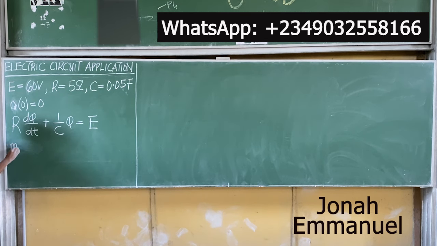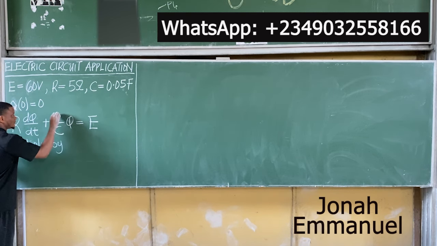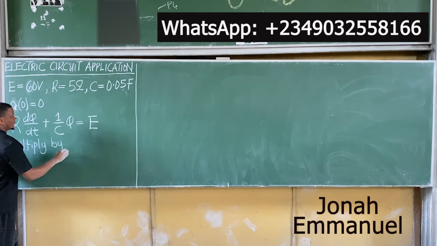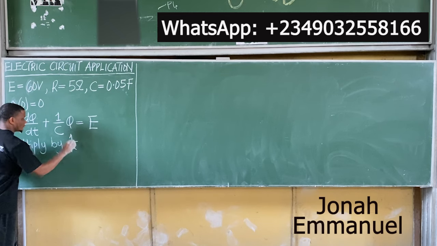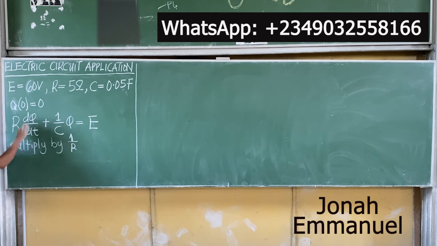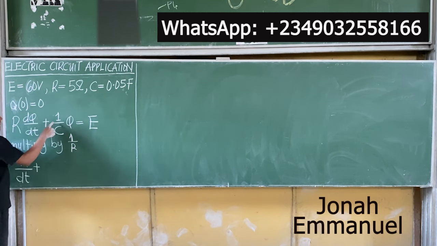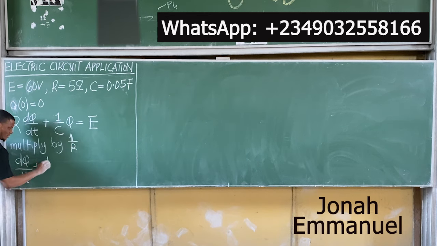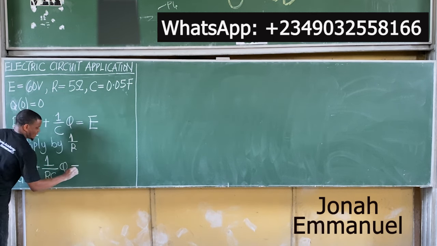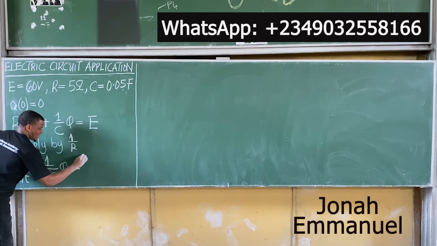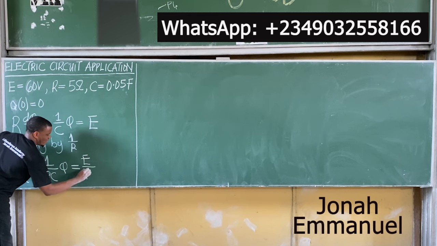So I'll multiply by 1 over R. The 1 over R times R cancels out. We have dq/dt plus, 1 over R times 1 over C, which is 1 over RC, times Q. It's equal to 1 over R times E, which gives you E over R.